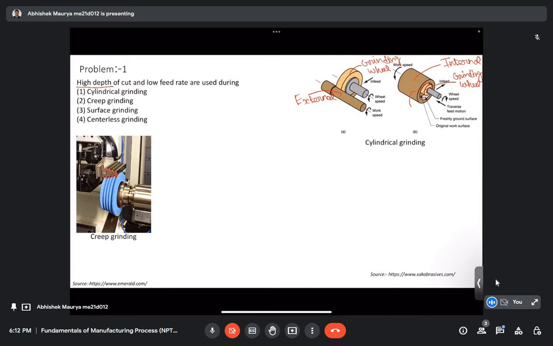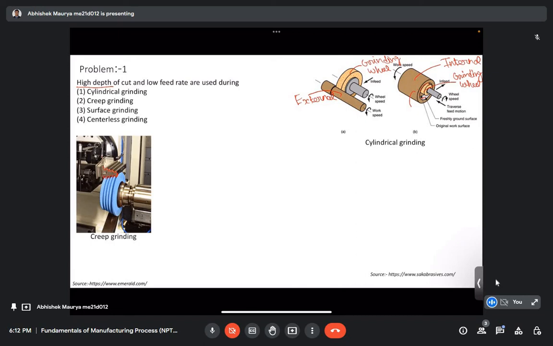So this is the creep grinding. Here we want to manufacture the profile in one go, and it is mainly used sometimes if the geometry is a little complex, or we have a workpiece material which is not easy to machine with other methods like milling. So in that case we go for the creep grinding.